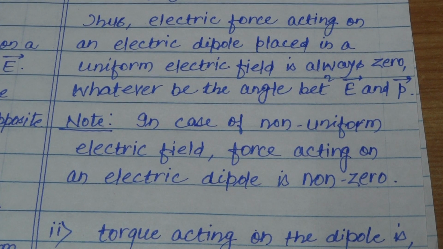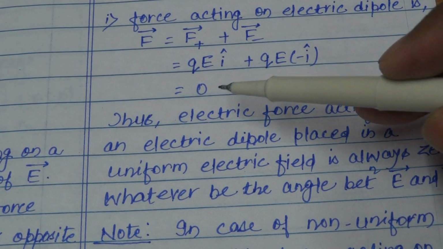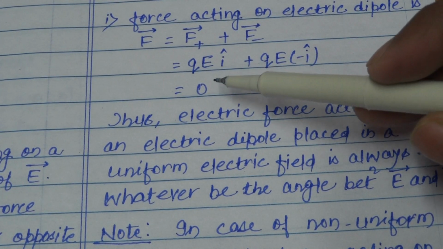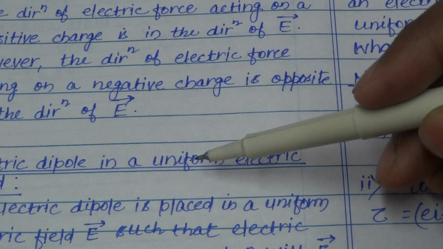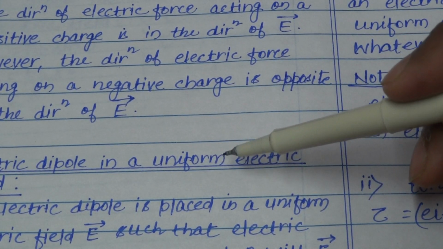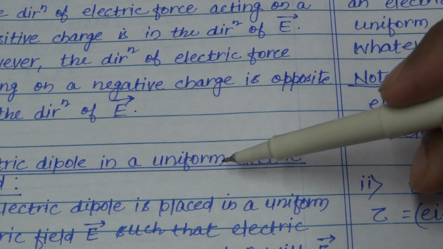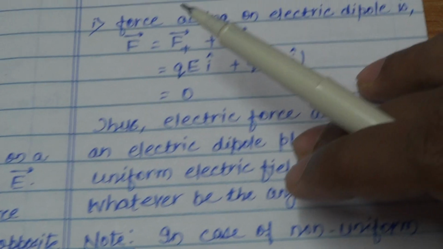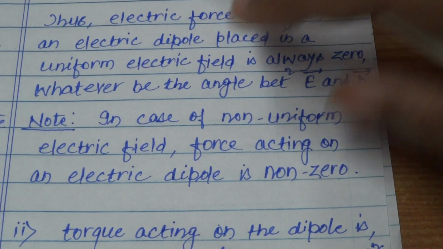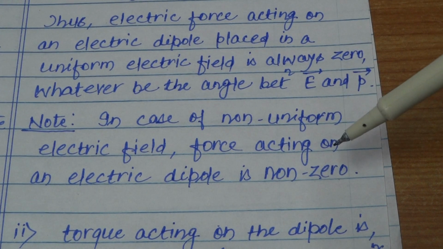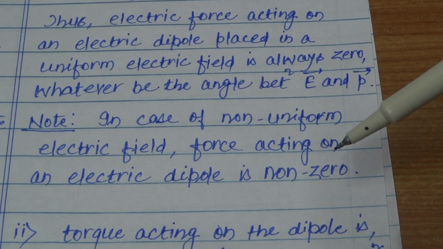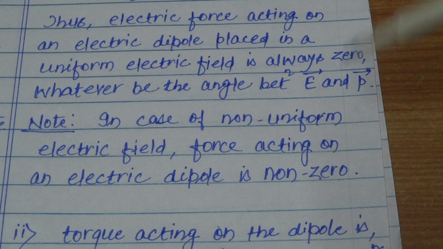So it is very important to note that the net force acting on an electric dipole becomes 0 only if the electric dipole is placed in a uniform electric field. If the electric dipole is placed in a non-uniform electric field, then the electric force will never be 0. It will be a non-zero value.